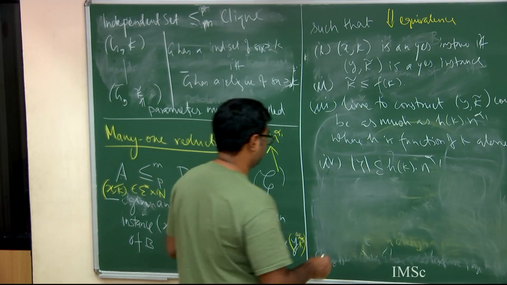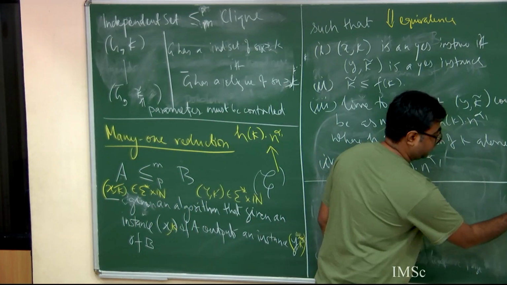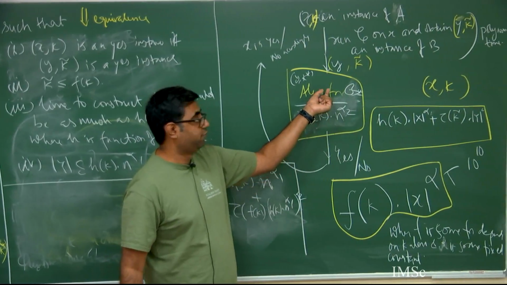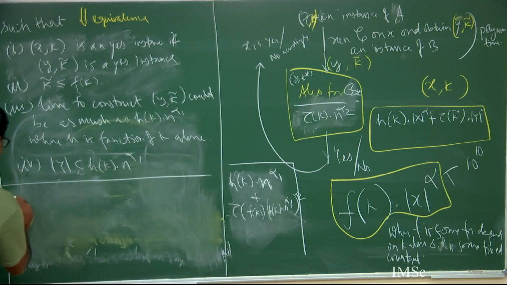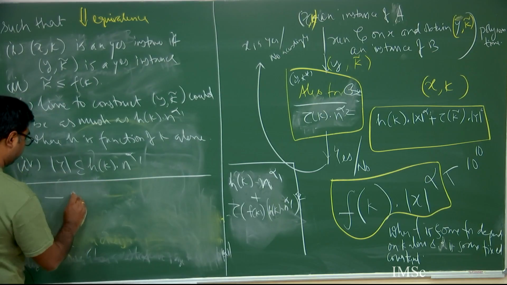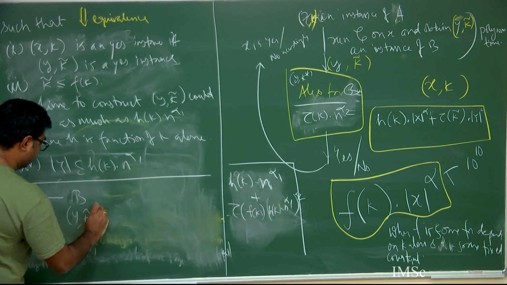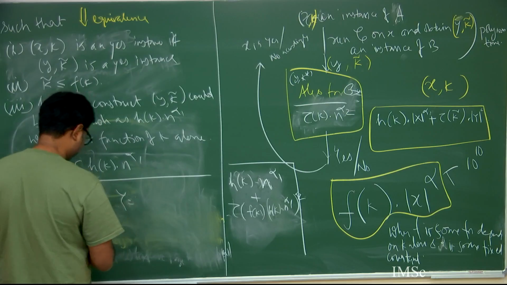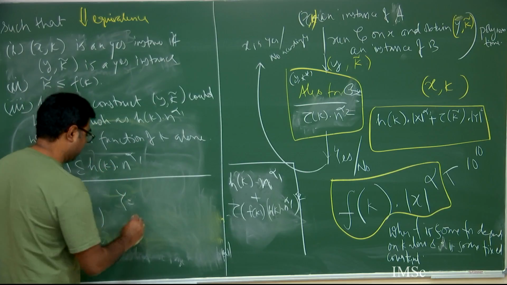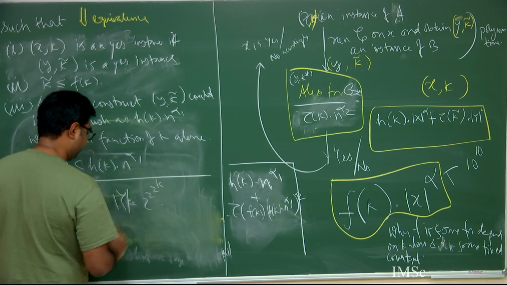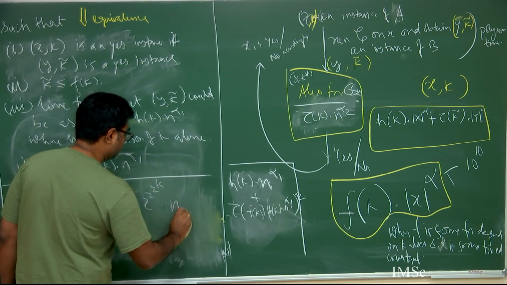So let's see what it means. Look. Suppose you had a tau(k) n to the power alpha 2 algorithm for B, right? And for algorithm A, on input x comma k, you output the following: here's an instance for B, y comma k tilde, where, let's just fix an example, the size of y is 2 to the power k times, it doesn't matter, say n to the power 100.